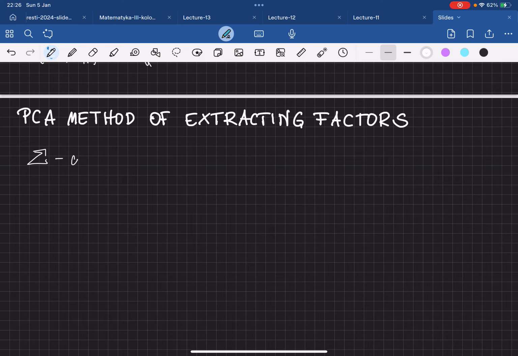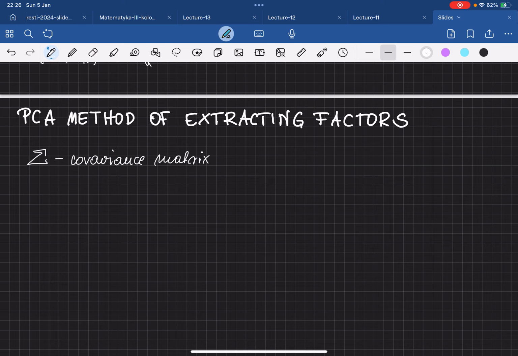Initially, it is a covariance matrix, but for standardized variables, it is the same as the correlation matrix. So if we want to work with standardized variables, then the correlation matrix is okay.